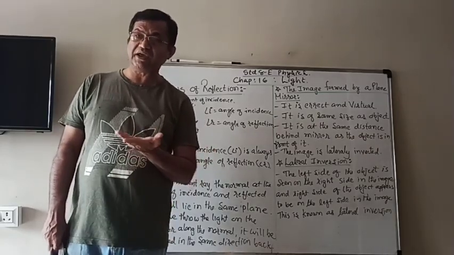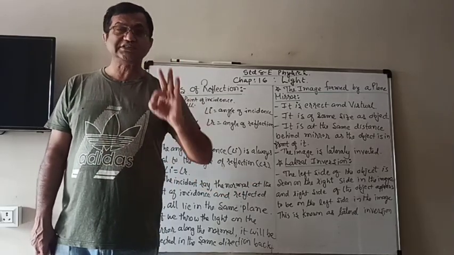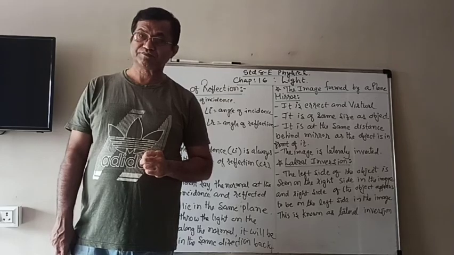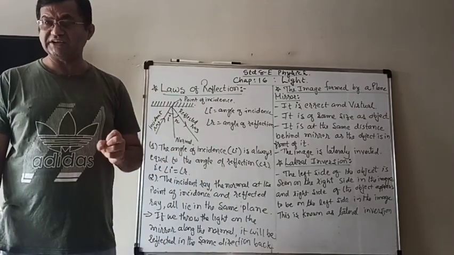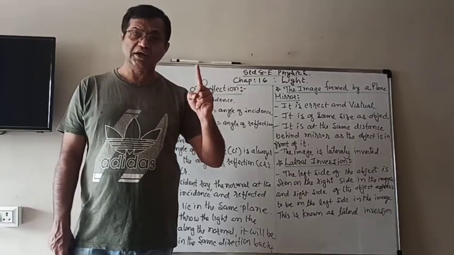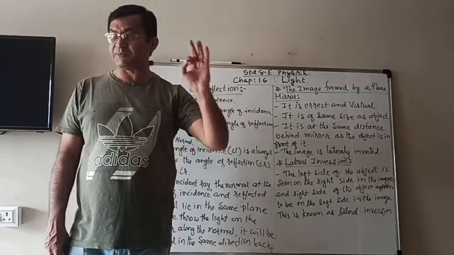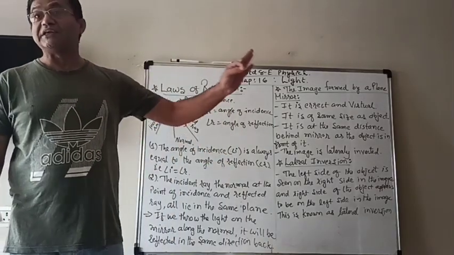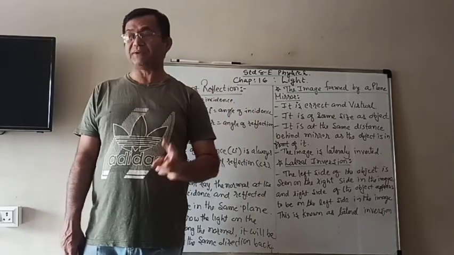When you make it straight again, it is in the same plane, so you will be able to see the reflected ray. It shows the three things again: the incident ray, the normal at the point of incidence, and the reflected ray all lie in the same plane.